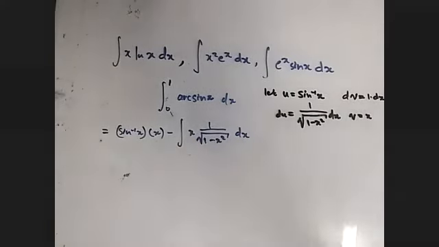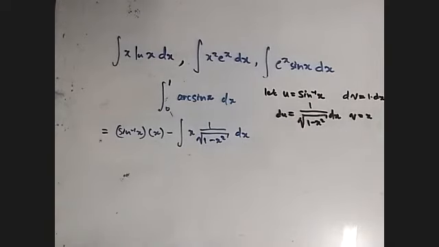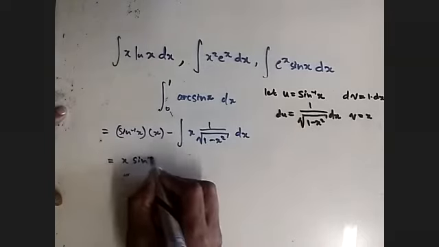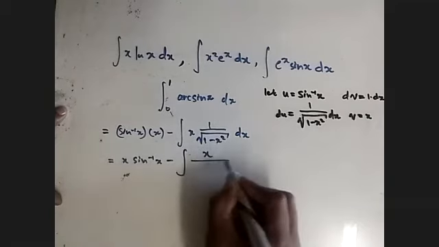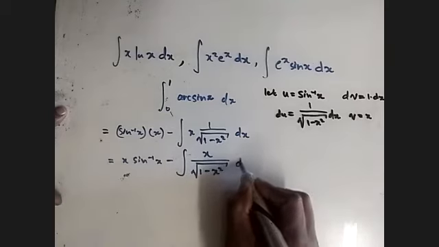Okay, so now we have 10 minutes. And what's going to happen from here is we're going to have x arc sine x minus the integral of x all over the square root of 1 minus x squared dx.